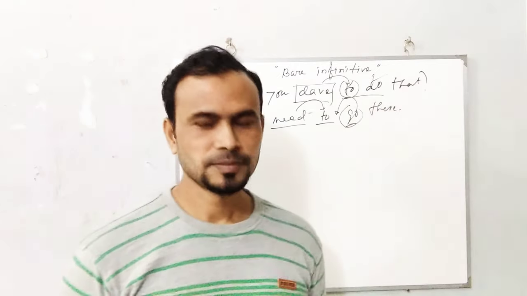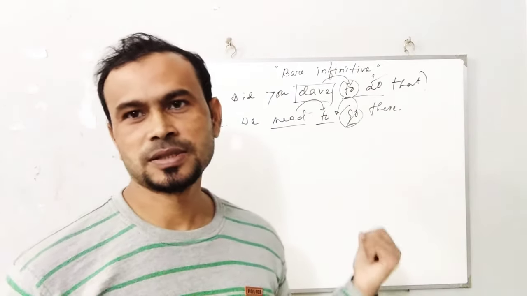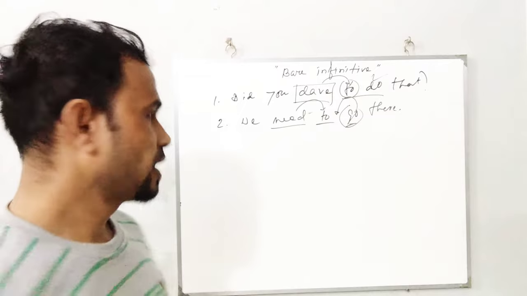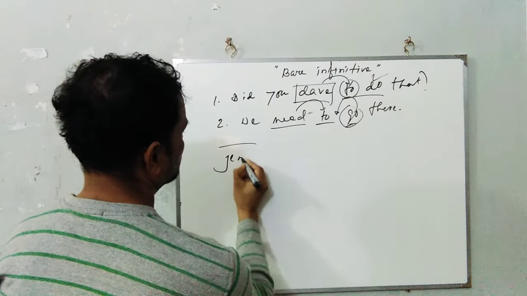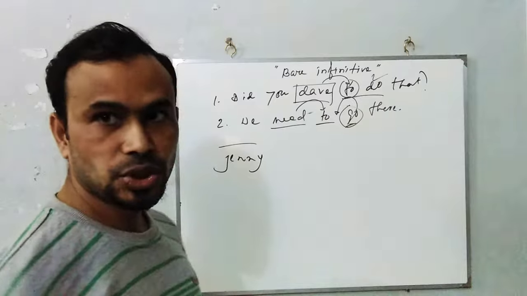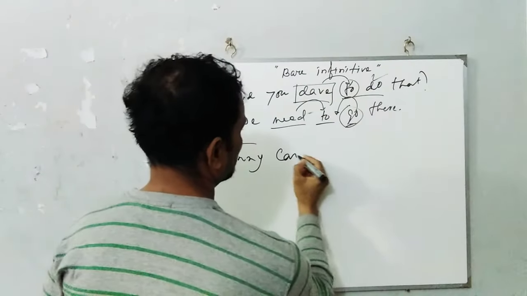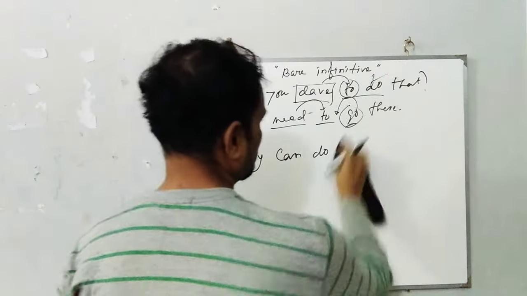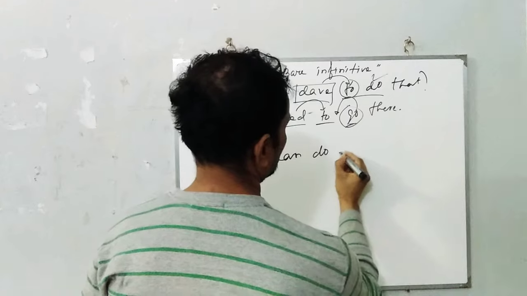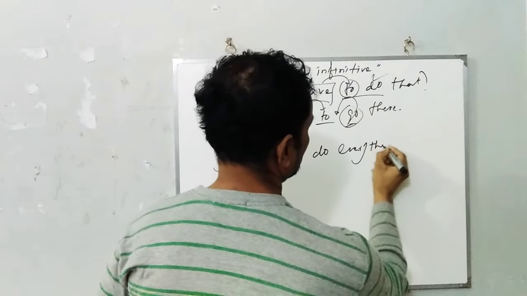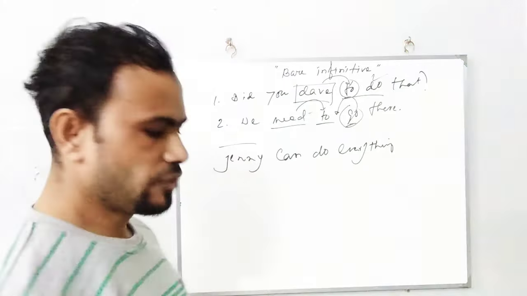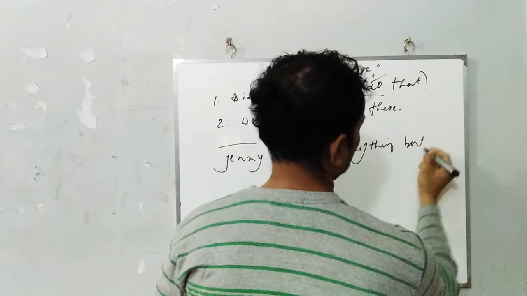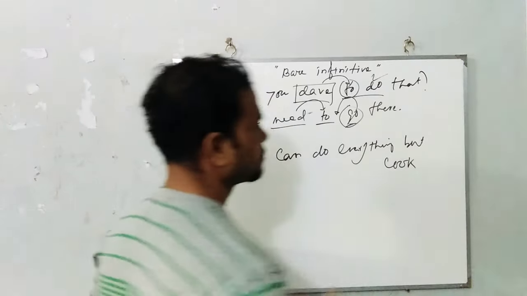So let's begin and start reflecting on sentences. Jenny can do everything but cook.